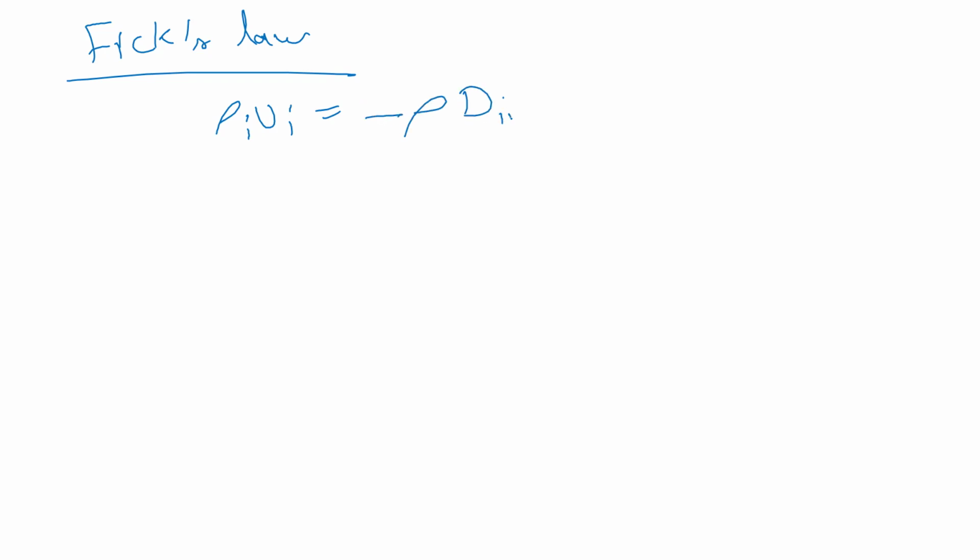And from Fick's law, this rho i ui will be equal to nothing but rho Dim del Ci, where this rho is the overall gas mixture density, Dim is the diffusion coefficient of species i in the mixture.